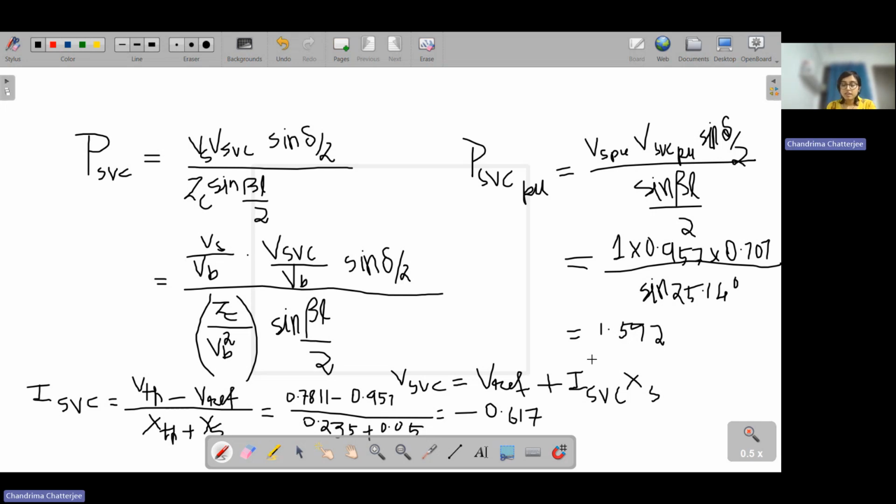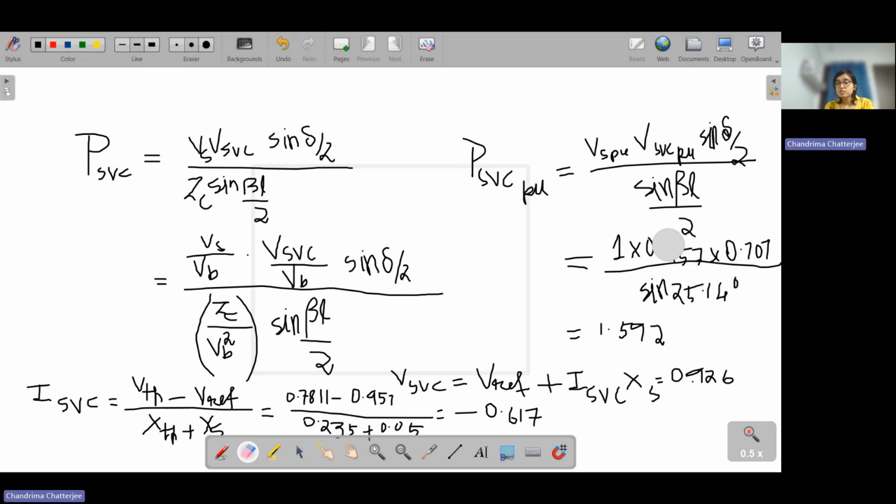And now we can calculate ISVC. This is equal to 0.926, right? So now you just replace these values over here.